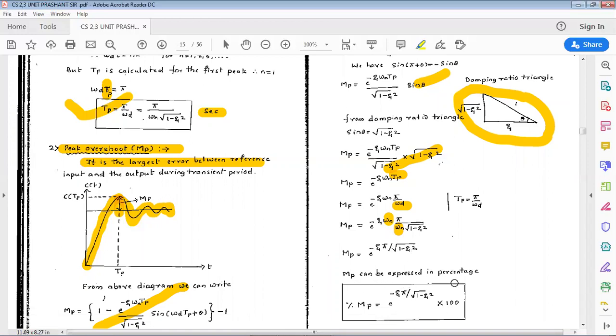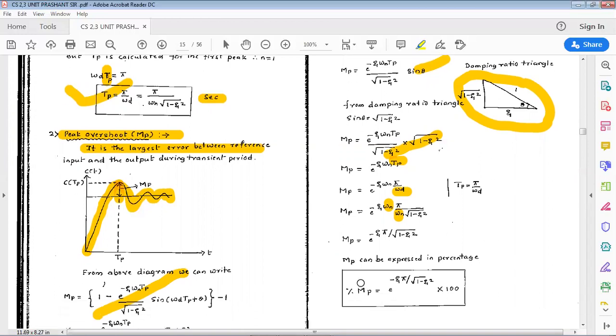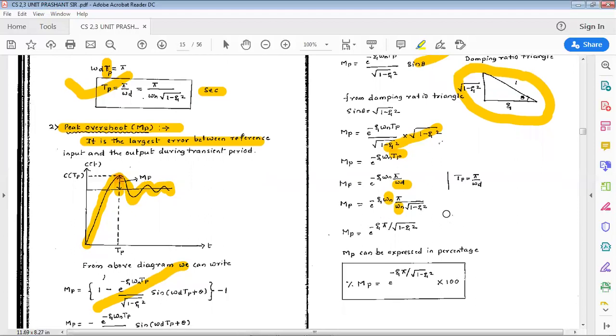Mp can be expressed as a percentage, so percentage Mp is equal to e raised to minus zeta pi divided by under root 1 minus zeta square, into 100. This is how we find the expression for peak overshoot. The rest of the things we'll discuss in the next class.